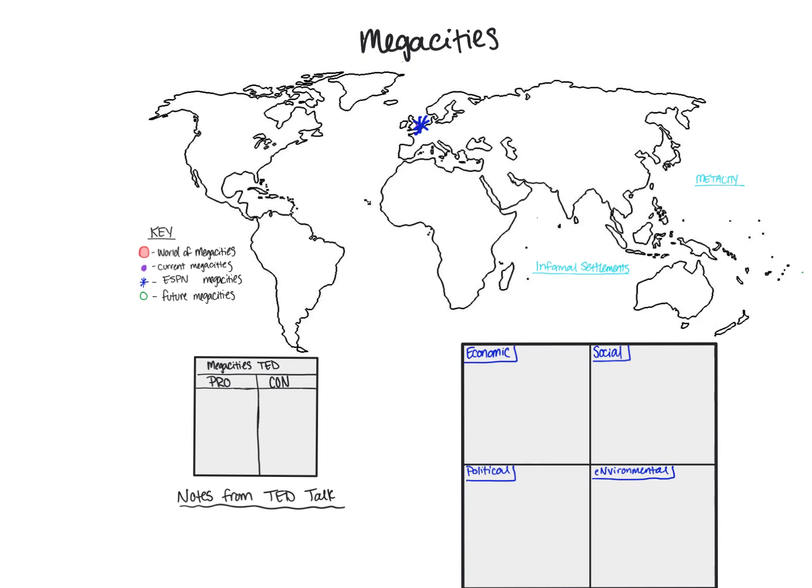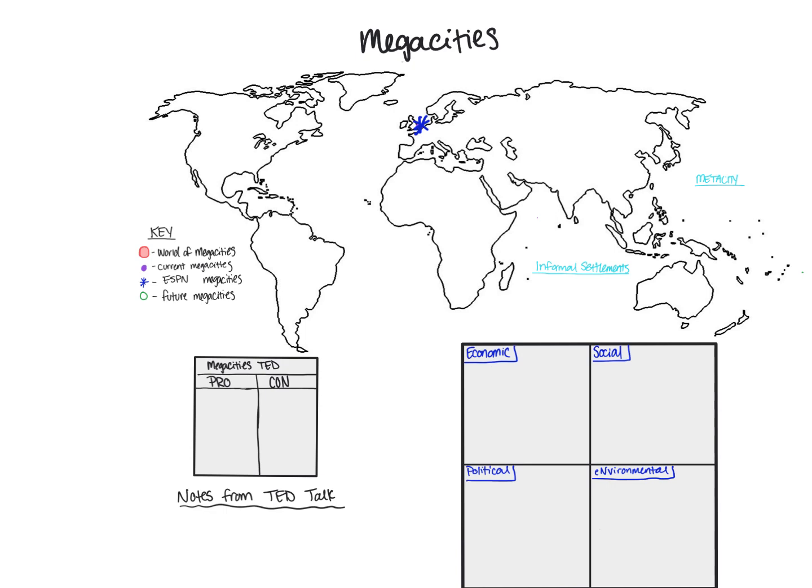Again, you'll watch a video there. And then the second link, you will look at a projection of megacities. So again, you have another map that you're looking at. A lot of those are ones that we have already mapped, but if you scroll down on that page a little bit, it says the underlined cities will become megacities in 2030. So those are the future ones, the ones that are underlined.